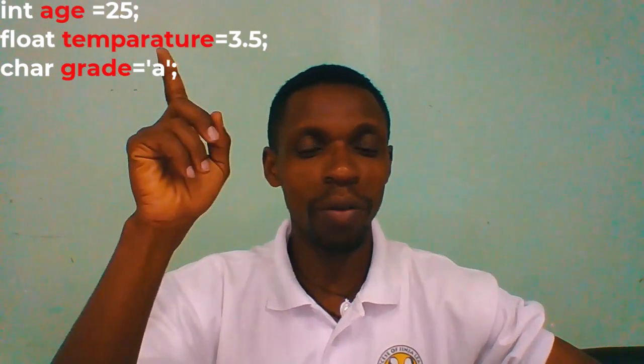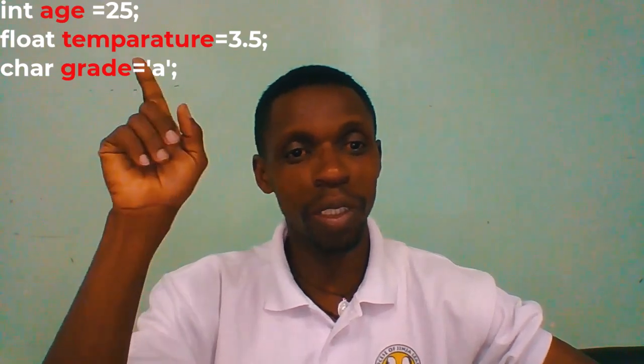So let us look at declaring and initializing variables. The syntax is you declare the data type, the variable name, and then you assign it a value. For example, in this code, I declared my variable of integer type, gave it a name of age, and assigned it a value of 25.